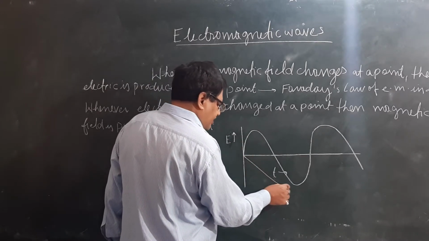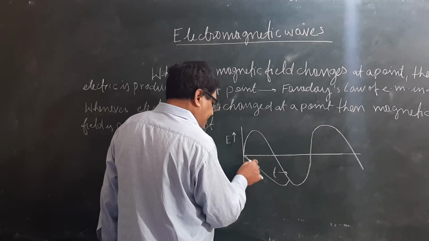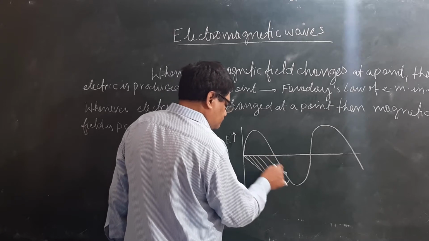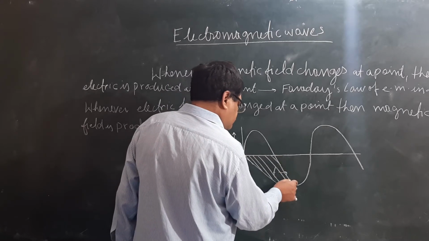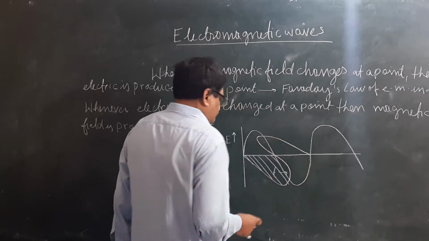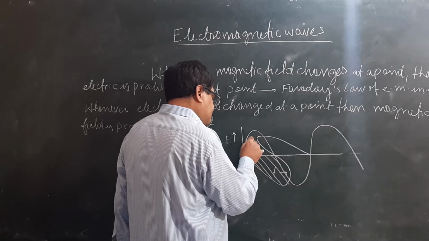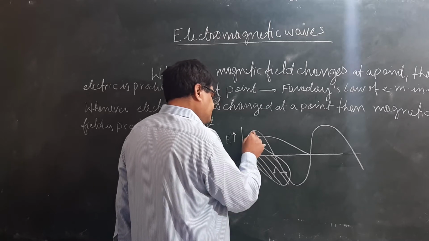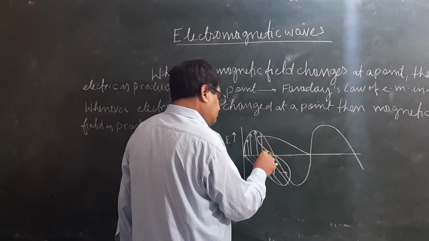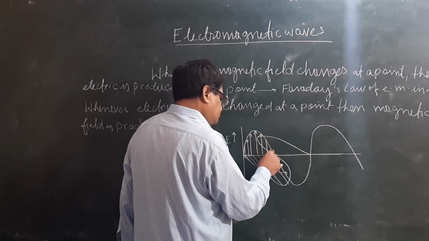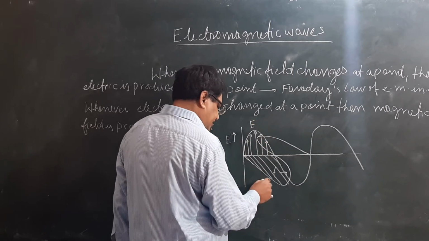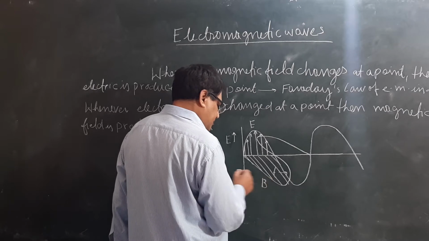You can draw the magnetic field like this, and this is the plane which is perpendicular to the electric component. So these two planes are perpendicular to each other. So this will give you the electric component E and this will give the magnetic component B.